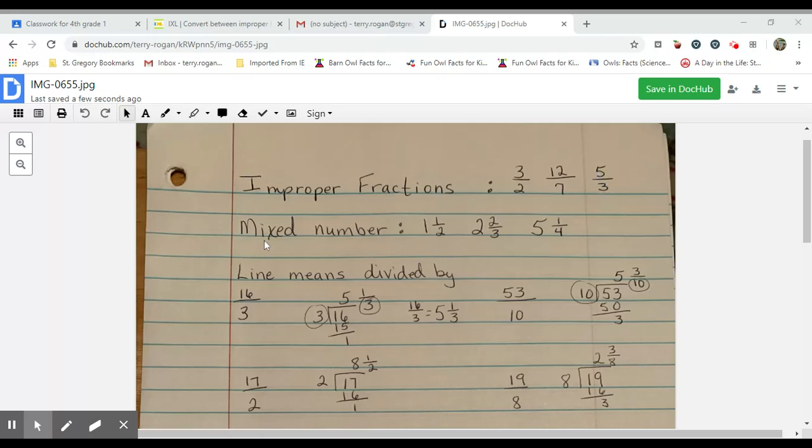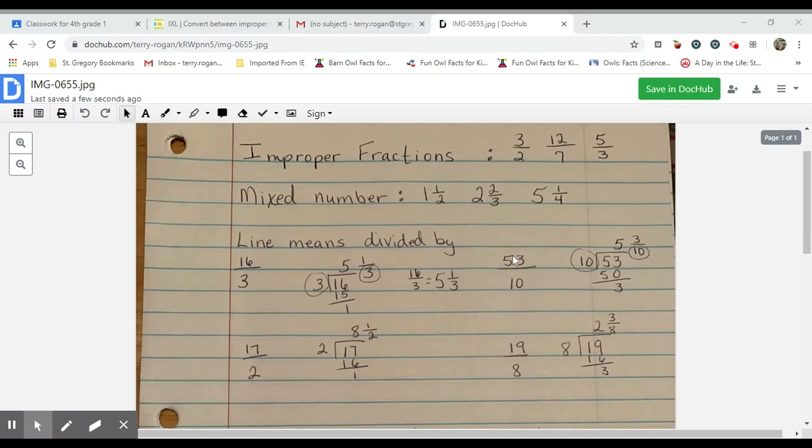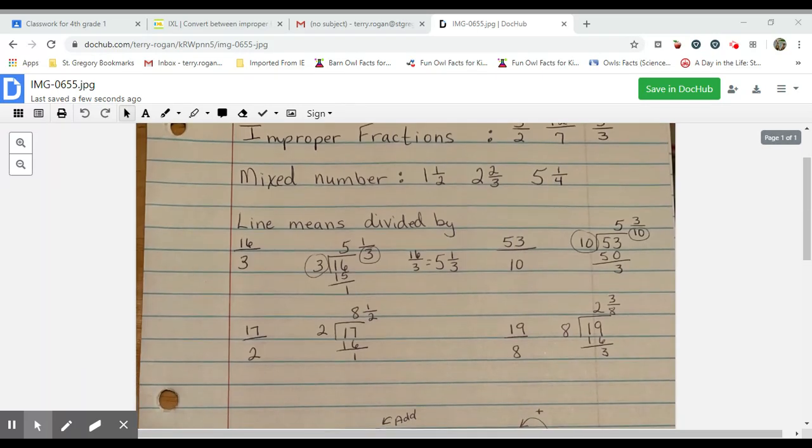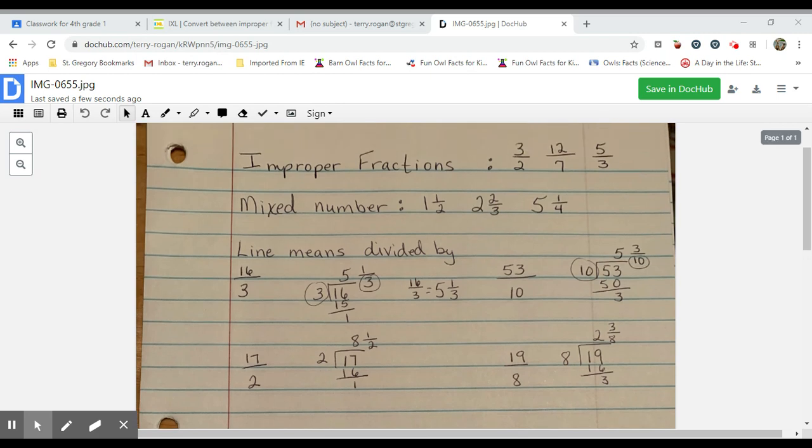And a mixed number is a whole number with a fraction, so 1 1/2, 2 2/3, 5 1/4. Those are called mixed numbers because they have two different types of numbers, a whole number and a fraction. Now, if you recall in class, we talked about all the different ways we could name a fraction.